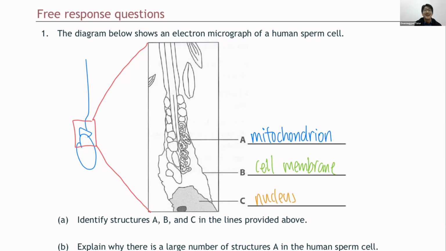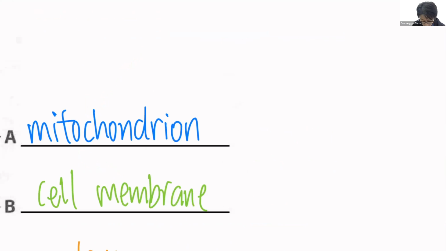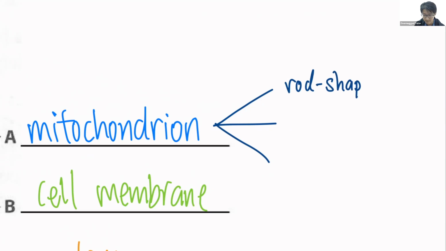It's fine, but we want to use simpler shapes like circle, triangle, rectangle. So instead of sausage, let's put this beside over here. I'm looking at three descriptors. Rod shape.